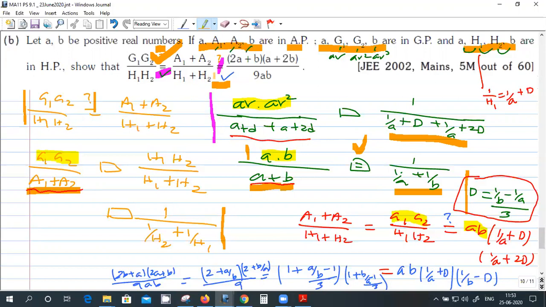Now we have to show this equality, the second one, that is G1 G2 by H1 H2 is equal to this one. Since this is equal to this one, which we already proved, we'll use this one. So this one should be shown as equal to this one, equal to this one.